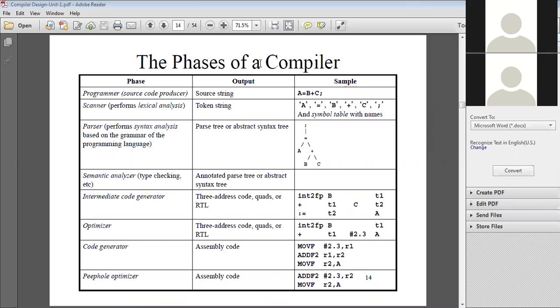So we will explain the same thing clearly in the next chapter, about the intermediate code generator in unit number 4, about the 3 address code. What is the 3 address code? Okay.